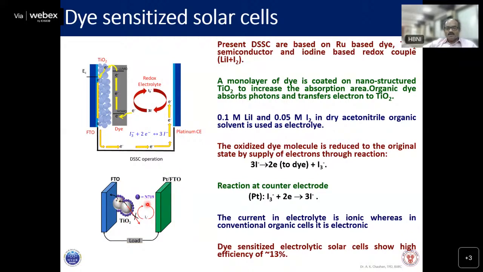All the processes were optimized many years ago, so there is no chance of further improvement unless you change to a new dye, and then you need to find an appropriate semiconductor also.